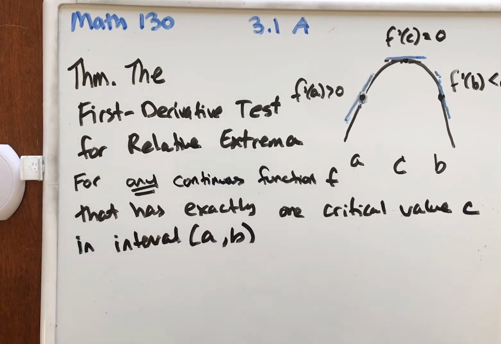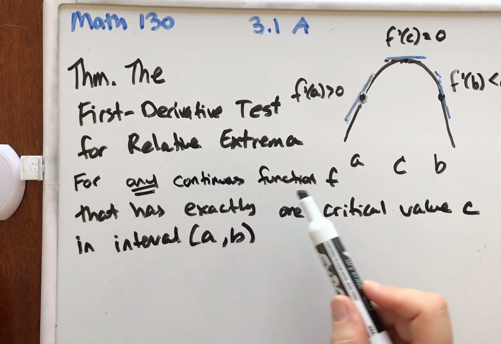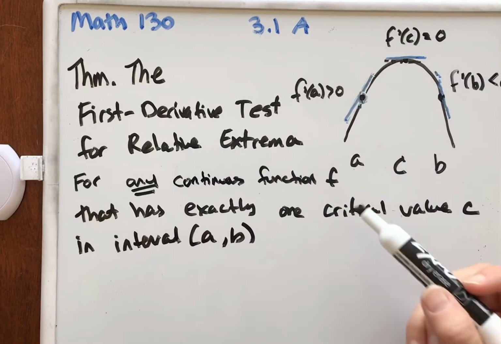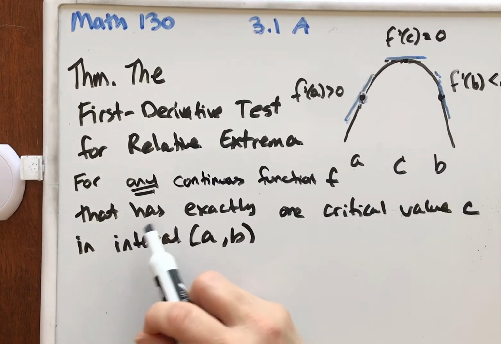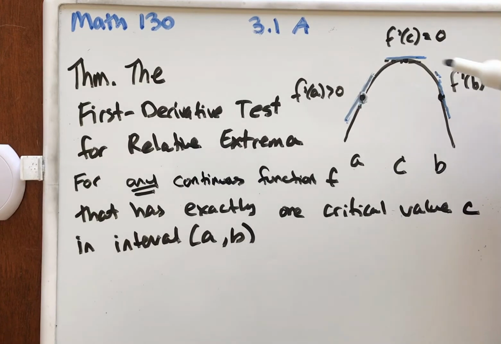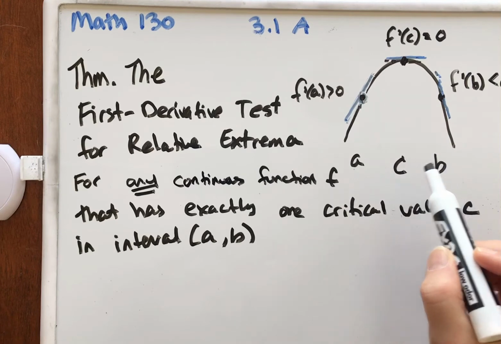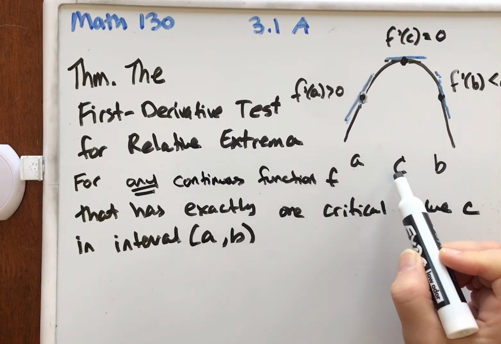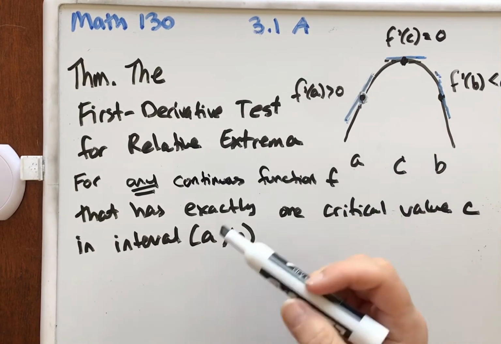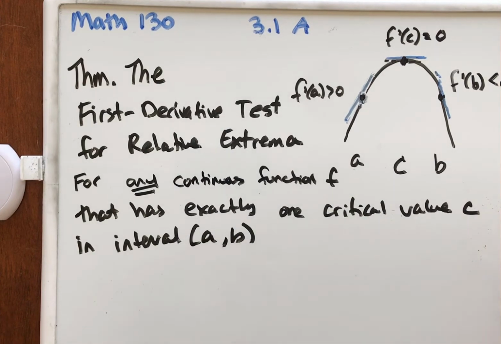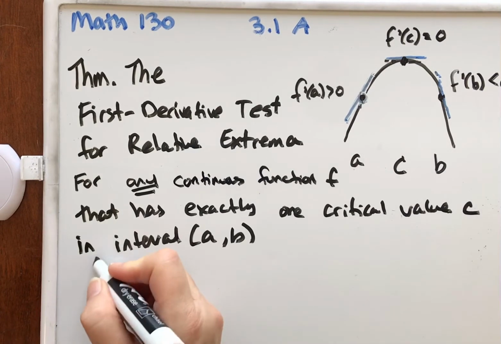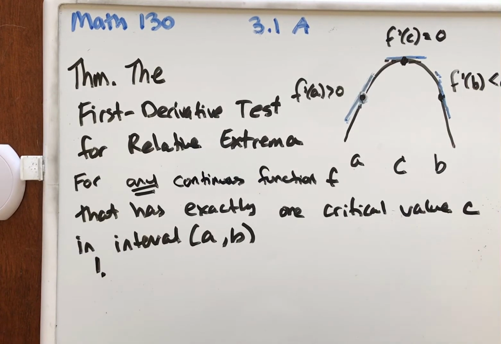Okay, so let's start with what this states. For any continuous function f that has exactly one critical value, f prime of c equals 0, value c in the interval AB. So from here's our A to B, c is in that interval. And so it's stating for any continuous function f that has exactly one critical value c in interval AB, then it has three things that go along with that statement.